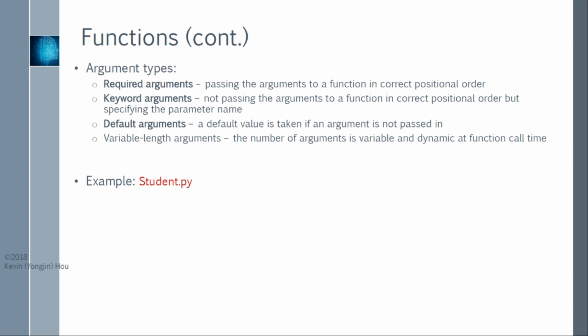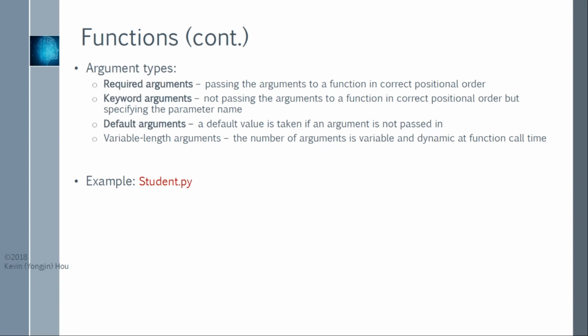The other way is to not pass them in the same order as the function's definition, but specify the name of each argument specifically. In this way, there's no requirement to follow the positional order strictly.